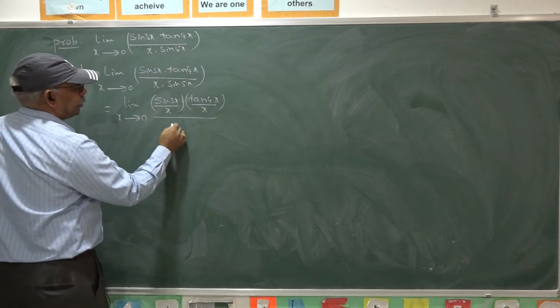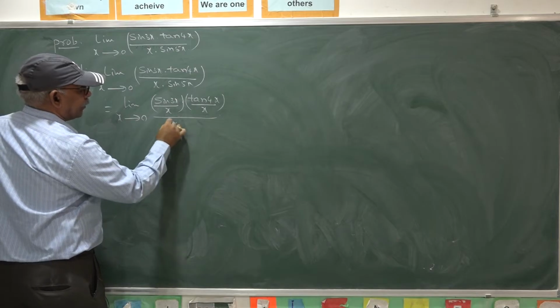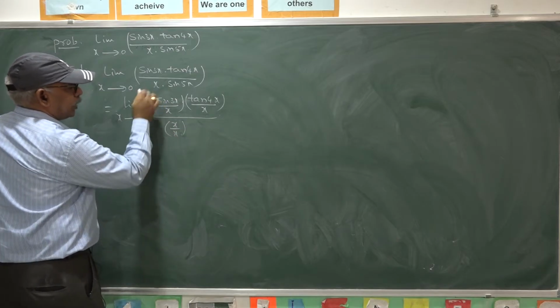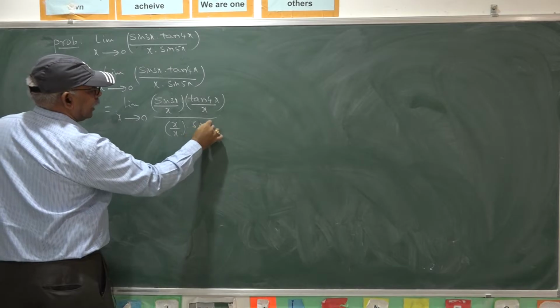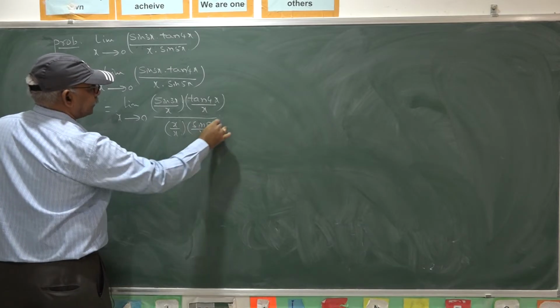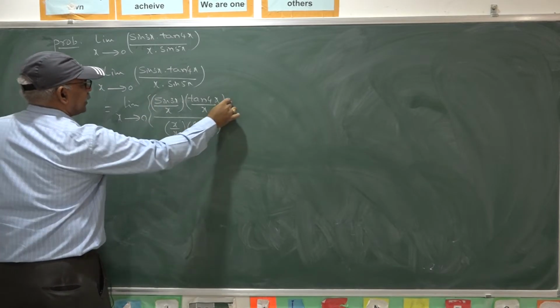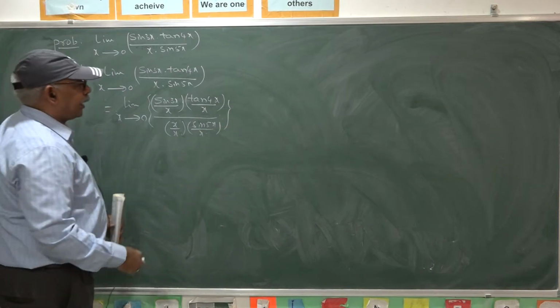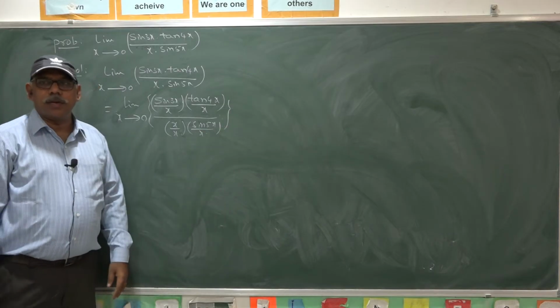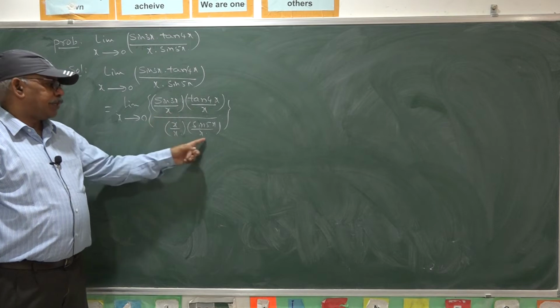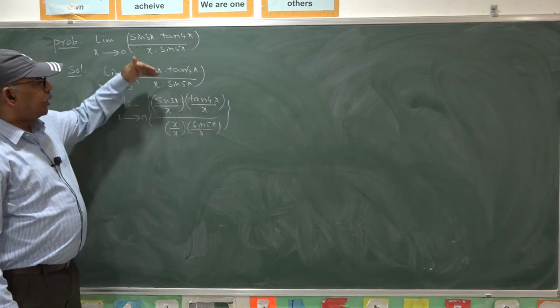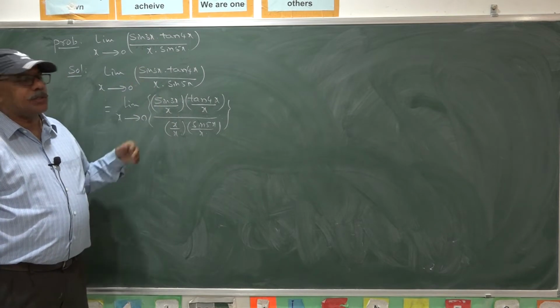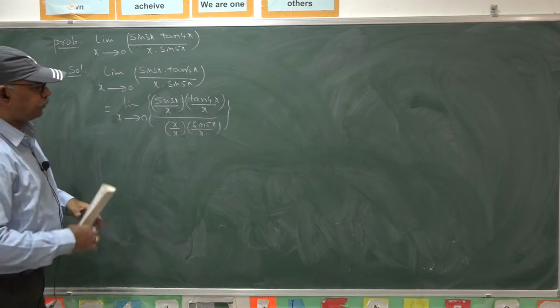Similarly, divide the denominator with x square. Write one x below x and another x below sin 5x. That means you are dividing the numerator and denominator with x square, x into x, x square. Dividing the numerator and denominator with x square, there is no change in the problem.